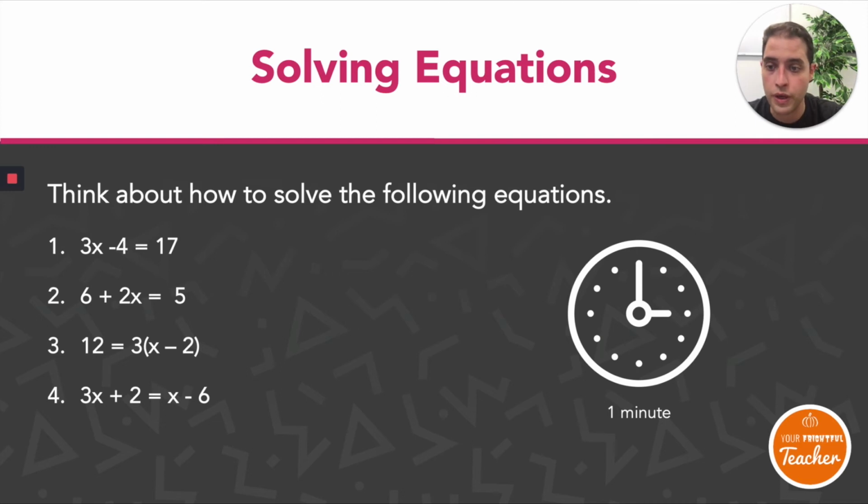So 12 equals 3 times the brackets of x minus 2. And 4, we have 3x plus 2 equals x minus 6. Now we have two values of x on either side. So what do we do there? Do we remember? It's really important that we get these fundamentals in place and then we build on that knowledge to answer the exam questions. Okay, so your minute starts now.